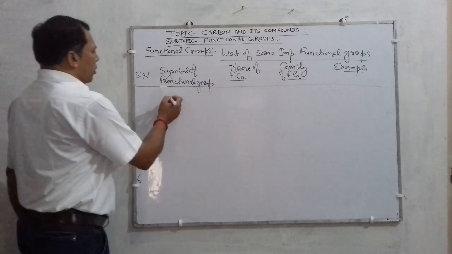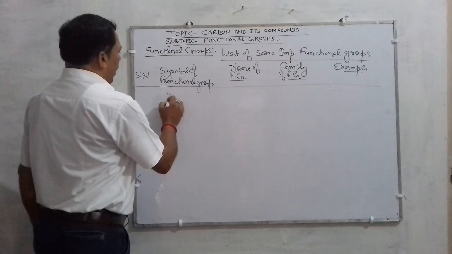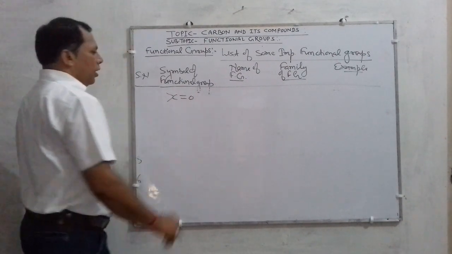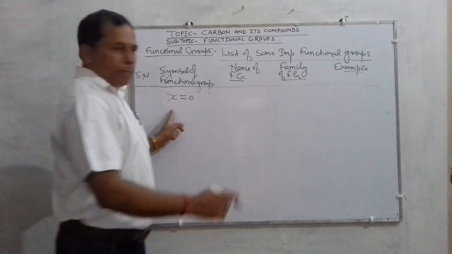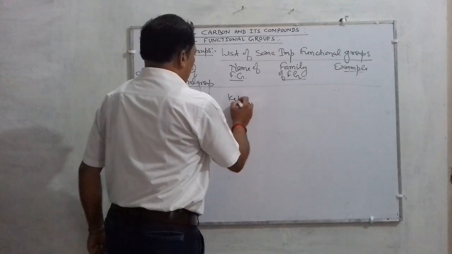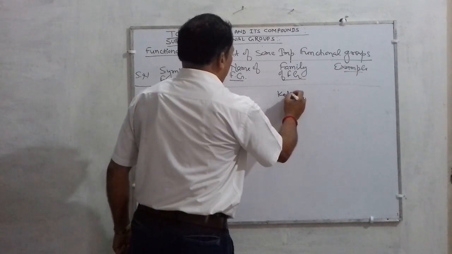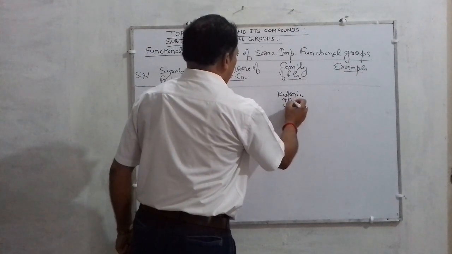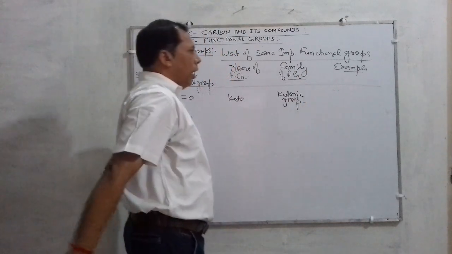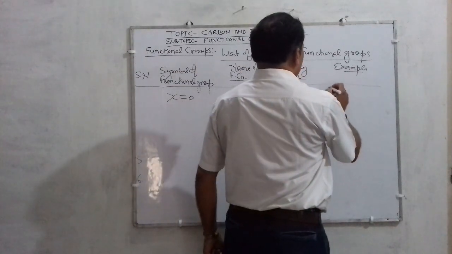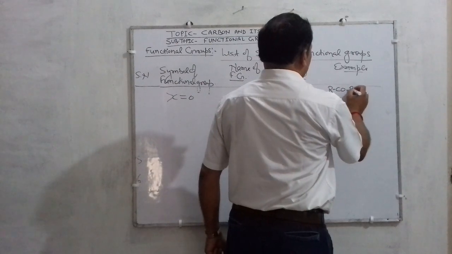Next function group is ketone and symbol is this one. Ketone or keto. This is called here ketonic group. And example, write that is generally represented as RCOR.